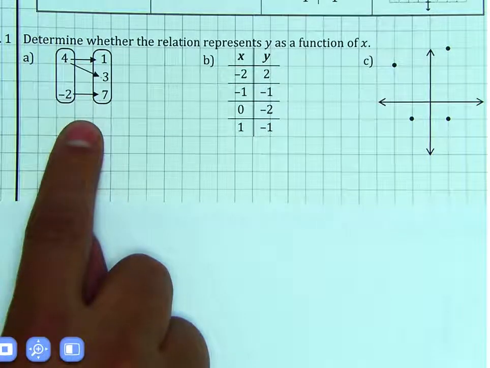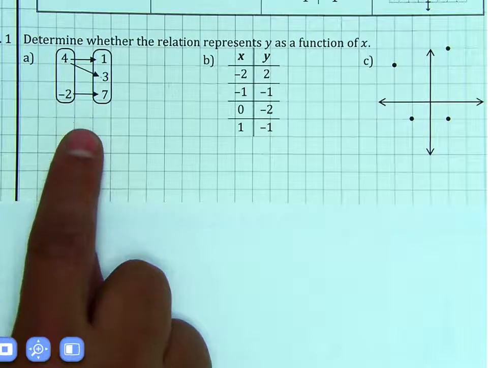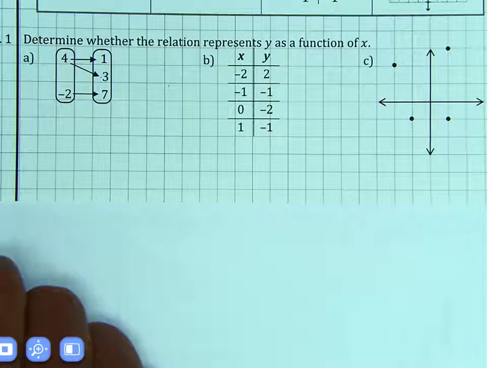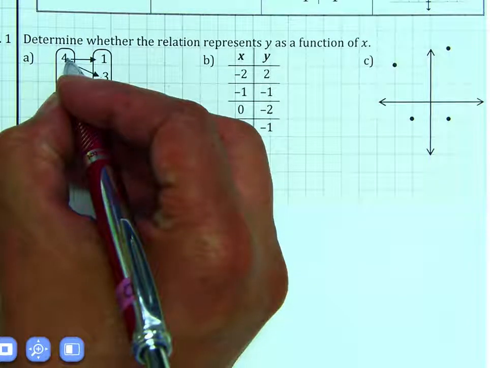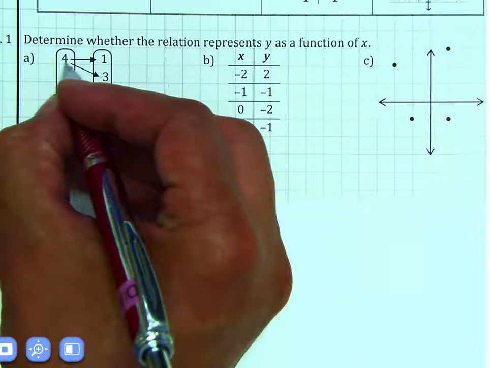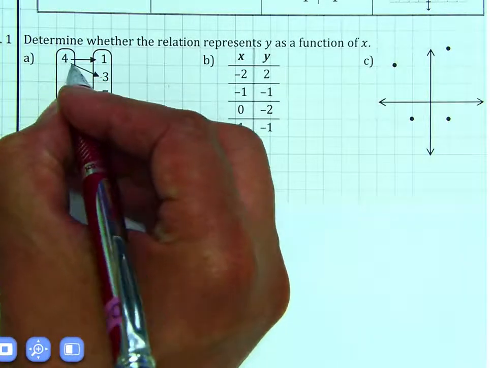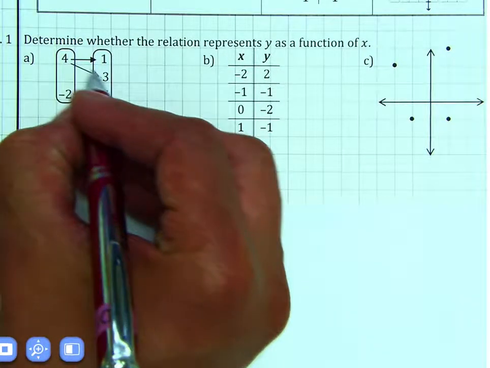The first one, we have a mapping. Remember, in order for it to be a function, each x can only be assigned to one y value. In this case, this x or this set A is assigned to 2 different y's.